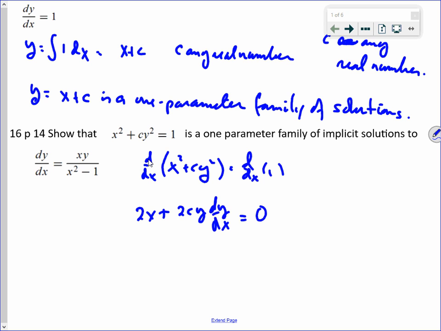So we need to solve this equation and see if we can make it look like the dy dx thing we have here. Subtract 2x. Let's see, 2cy dy dx equals minus 2x. Divide both sides by 2cy.